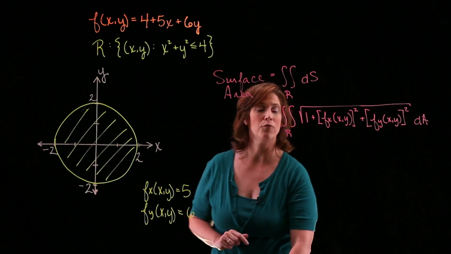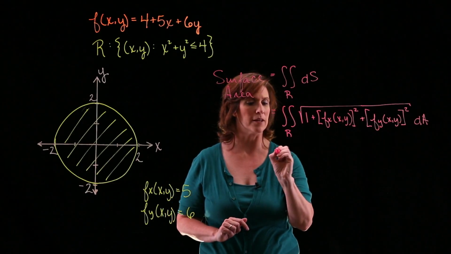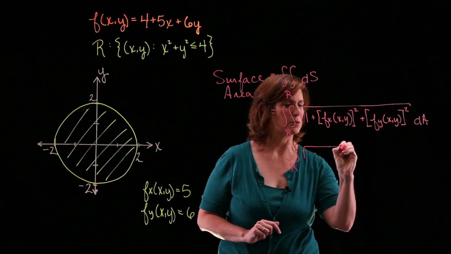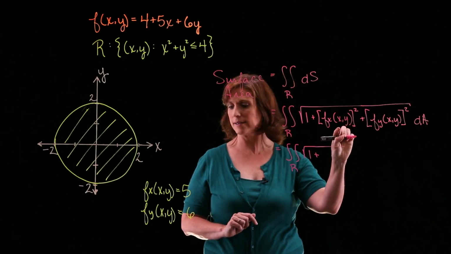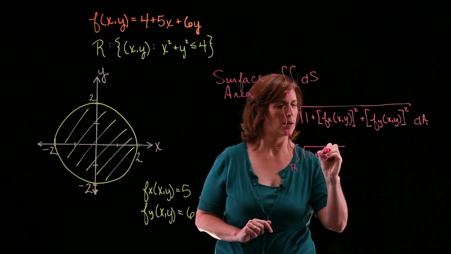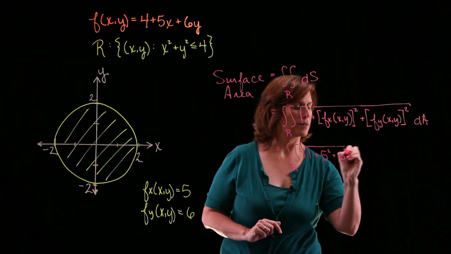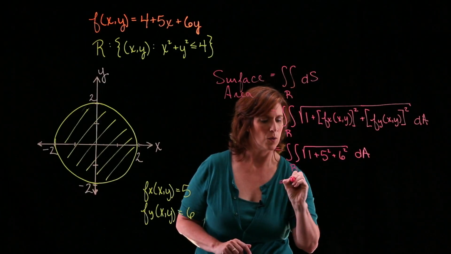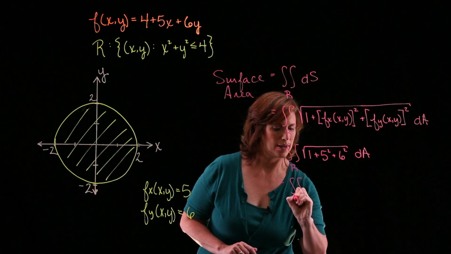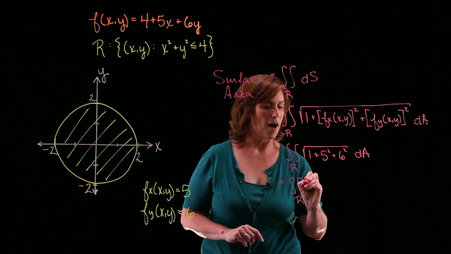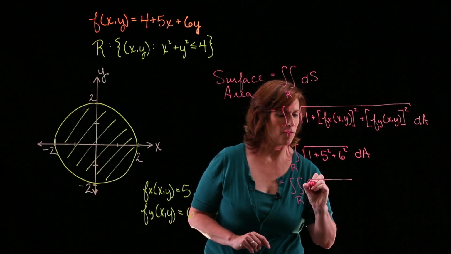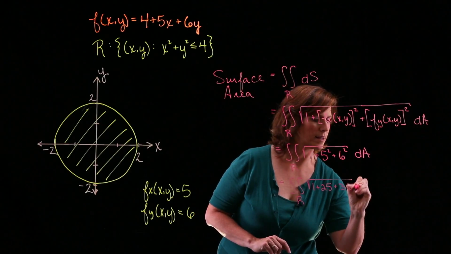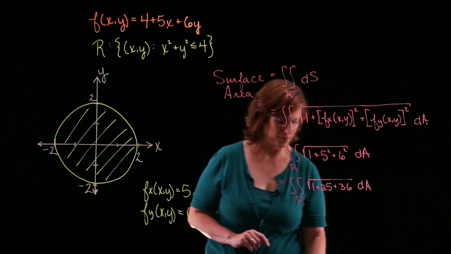So I can go back to my formula now and say that this is the double integral over my region of the square root of 1 plus 5 squared plus 6 squared dA, which is the integral over the region of the square root of 1 plus 25 plus 36 dA.